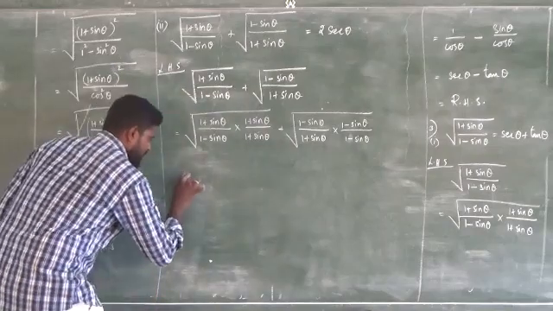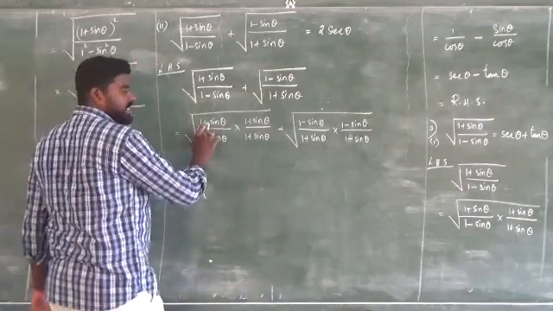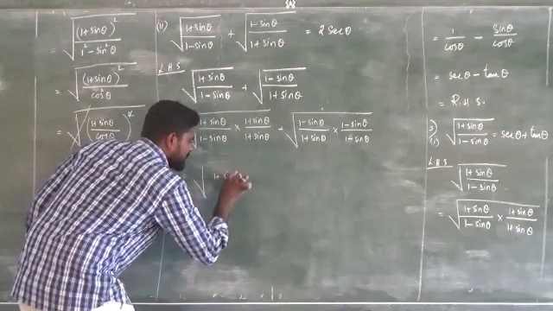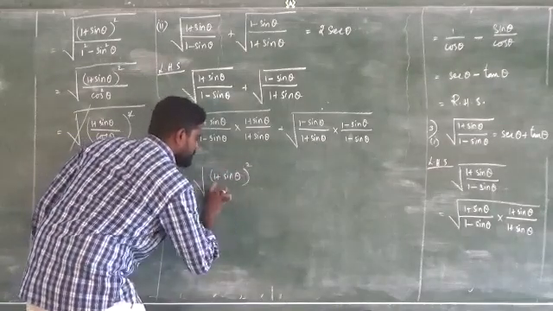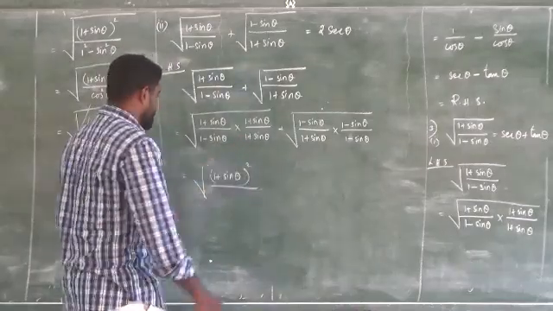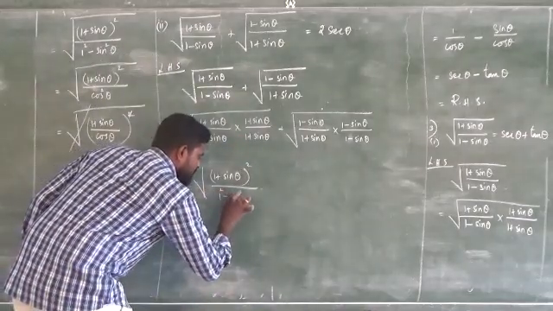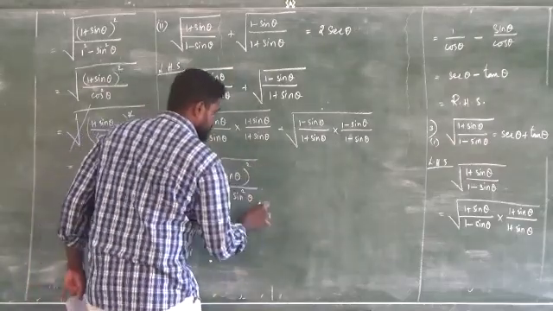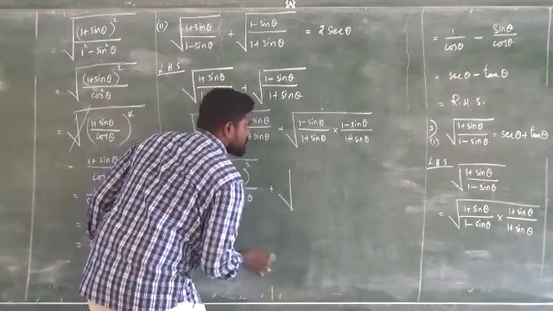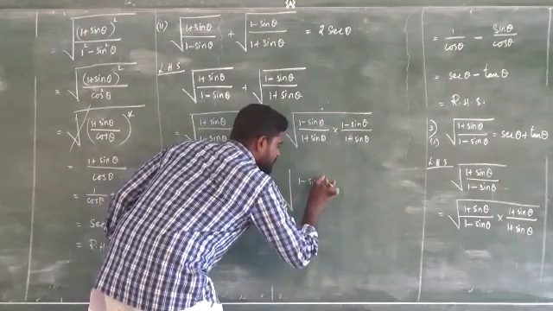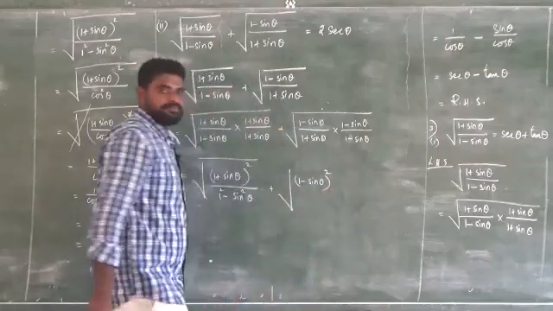If you multiply 1 plus sin theta into 1 plus sin theta, it becomes 1 plus sin theta whole square, and a plus b into a minus b is a square minus b square, so 1 square minus sin square theta. Here 1 minus sin theta into 1 minus sin theta is 1 minus sin theta whole square.